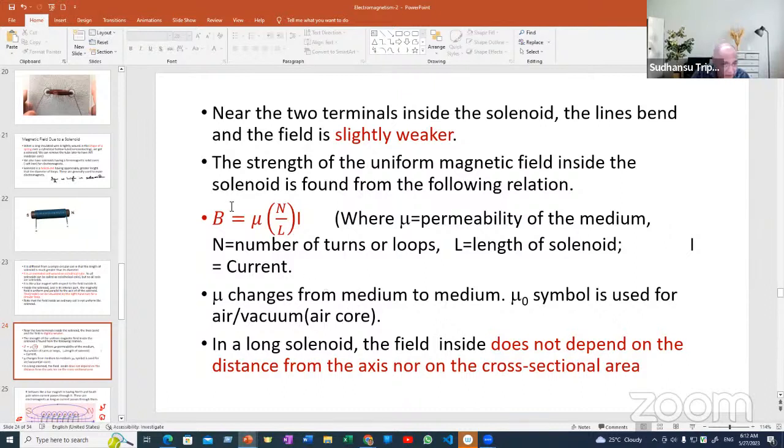The field at every point is uniform. This time there is no 2π in the denominator. Here I is common, as in a straight current-carrying conductor, but there it was the distance from the conductor to the point, while here it is the number of turns N and L, the length of the coil. It's not D, it's the length of the coil, that is, how long it is wound in a helical manner.